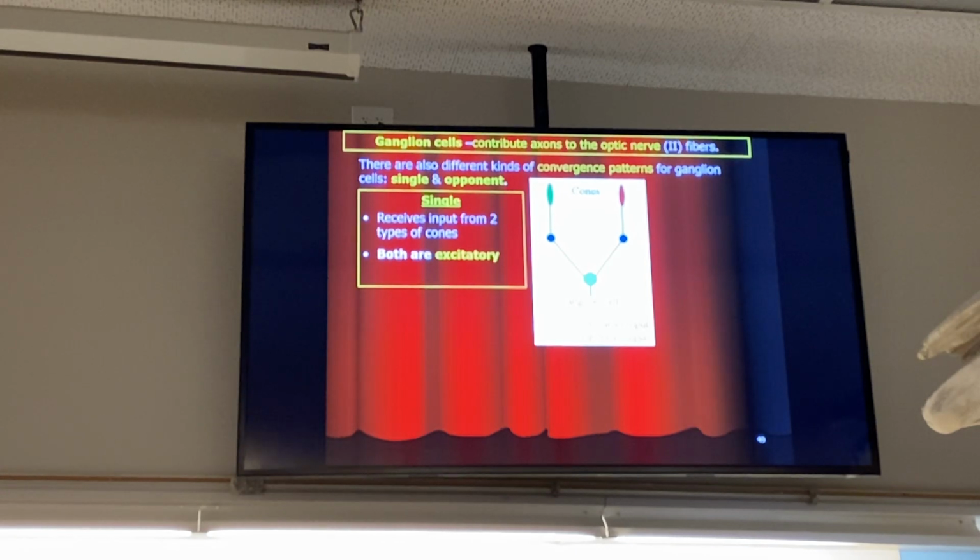Okay, the convergent patterns for cones onto one ganglion cell. If they're both excitatory, we call that the single convergent pattern because they are both excitatory. This is going to give your brain information about color brightness. How bright is that red?